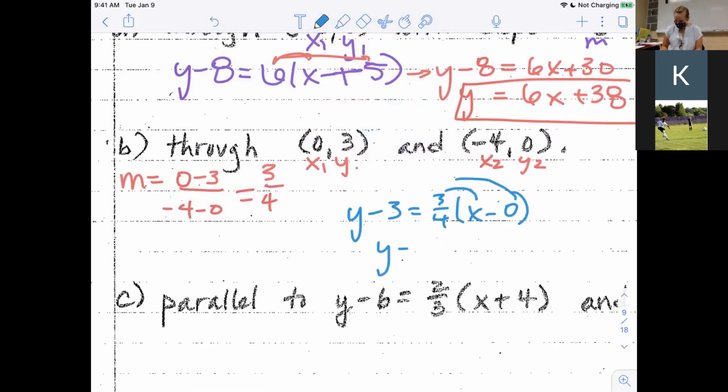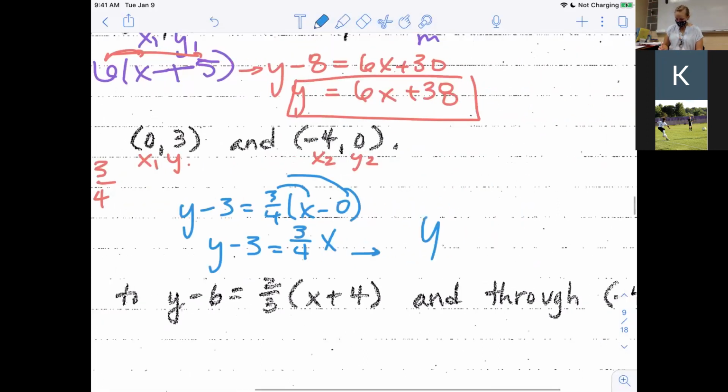So I'm left with y minus 3 equals 3/4 x. Sometimes I like to write the slanted fraction mark, but then I get confused on where x belongs. So I like the straight across fraction mark so I don't get confused. X is next to it, not on the bottom. And then add 3 to both sides, so I get y equals 3/4 x plus 3.